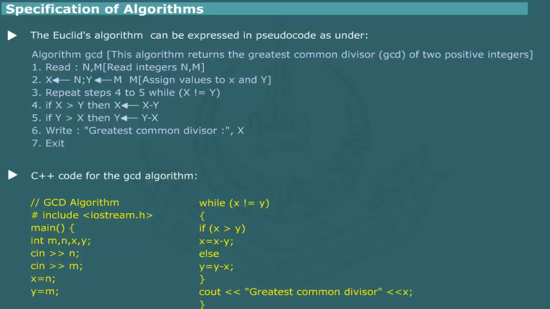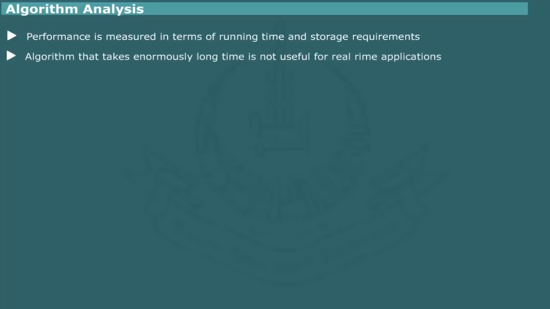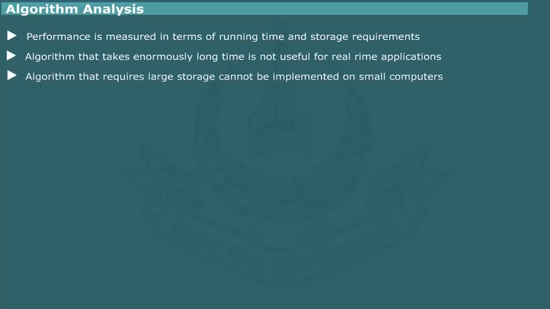Algorithm analysis. The performance of an algorithm is measured in terms of runtime and storage requirement as a function of input size. An algorithm that provides a correct result but takes enormously long time is not very useful. It is, for instance, of little help in real-time problems which require solution in split seconds.